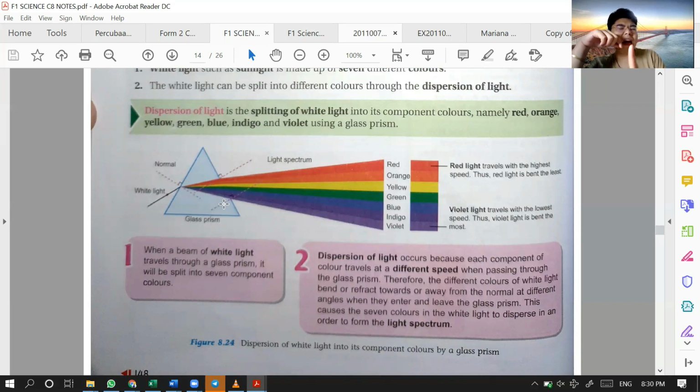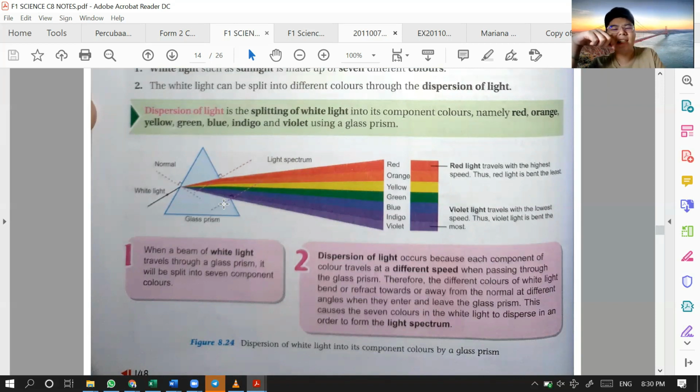And when light travels fast, it will bend very little, or it will refract very little. Will it refract or not? Yes, it will refract. No choice. There is going to be refraction because you are going from the air into a glass block. It will definitely refract towards the normal line.